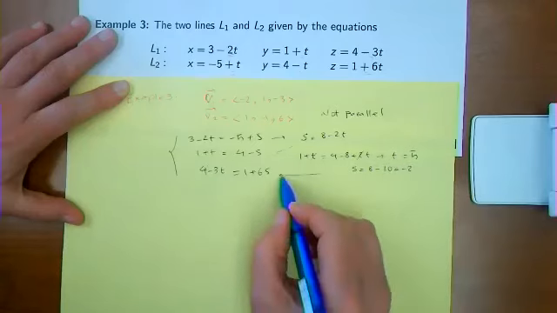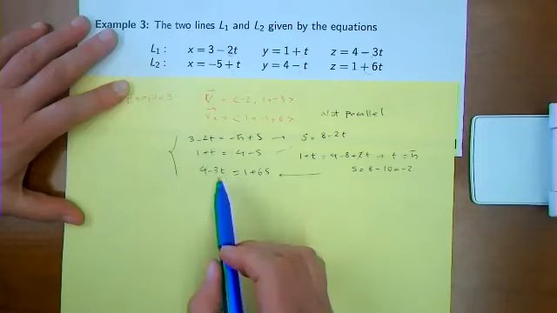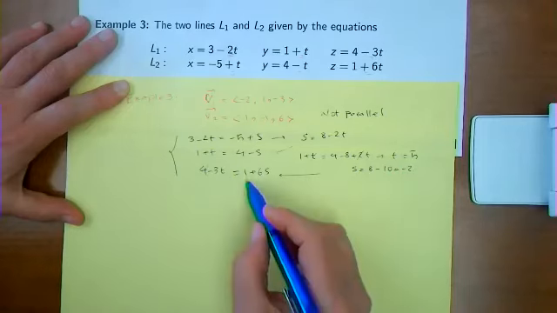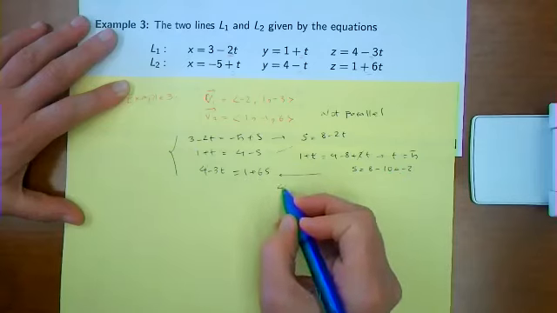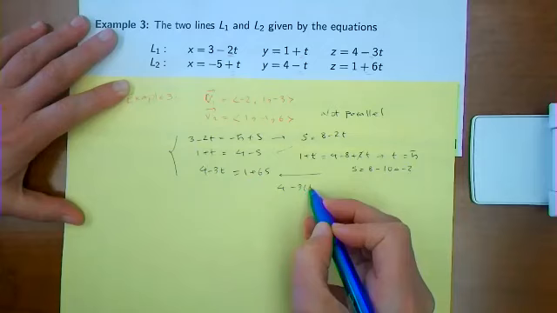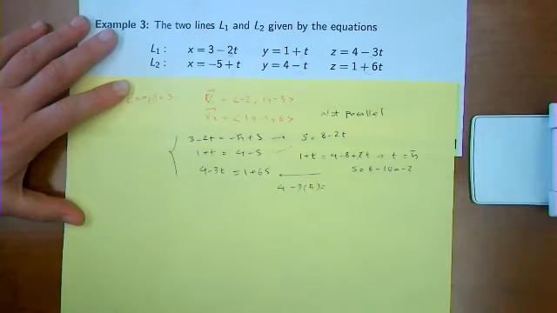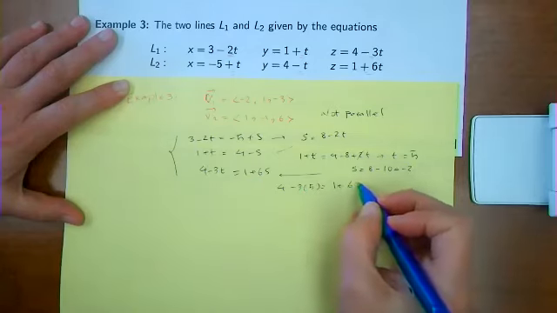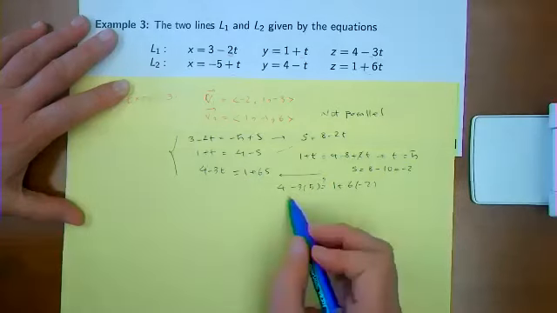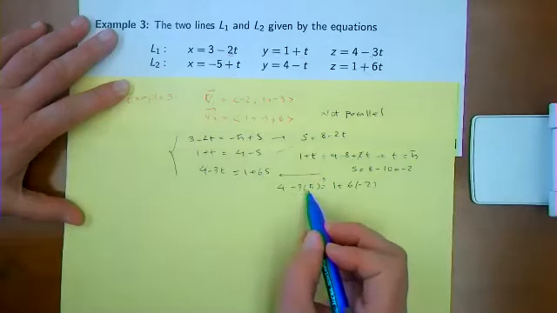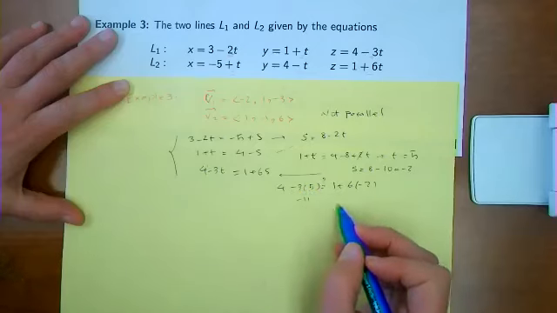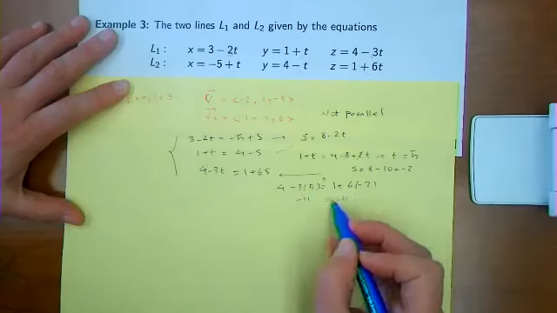Now, the last step: this is a system of 3 equations in 2 variables, and therefore I have to test the last one. So I'm going to plug it in. 4 minus 3 times 5 equal to 1 plus 6 times -2, is it or not? 4 minus 15 is minus 11, and this side is -11 as well, so they are equal.